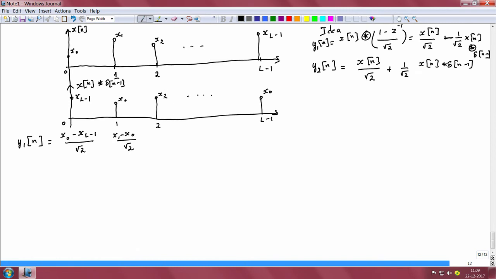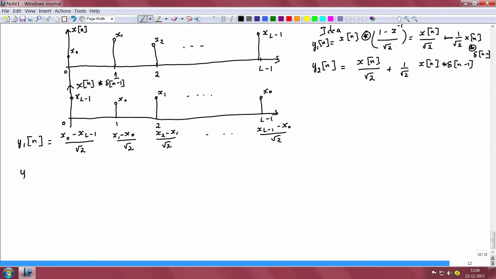Here, there is a typo. So, here we have x 2 minus x 1 by root 2, and the last one is going to be x L minus 1 minus x naught by root 2.